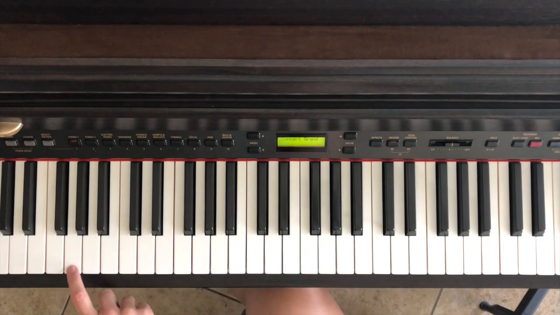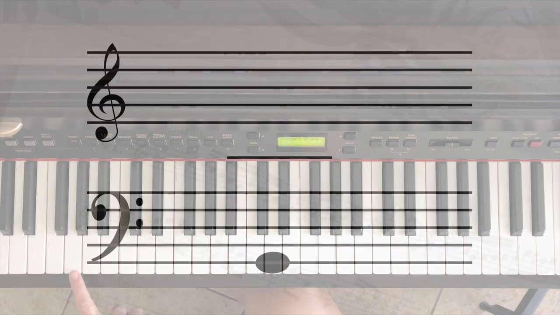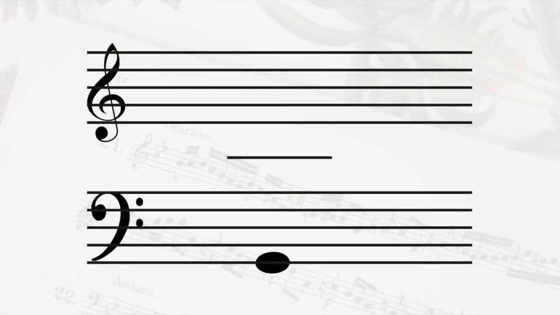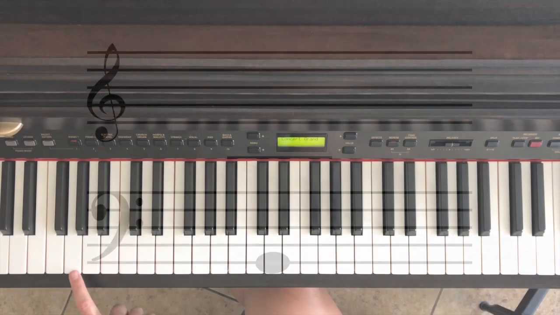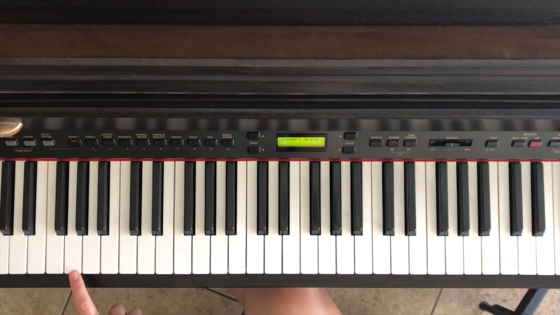And here's another sound. This is low G, looks like this. It is the bottom line of our staff. Here's another sound.